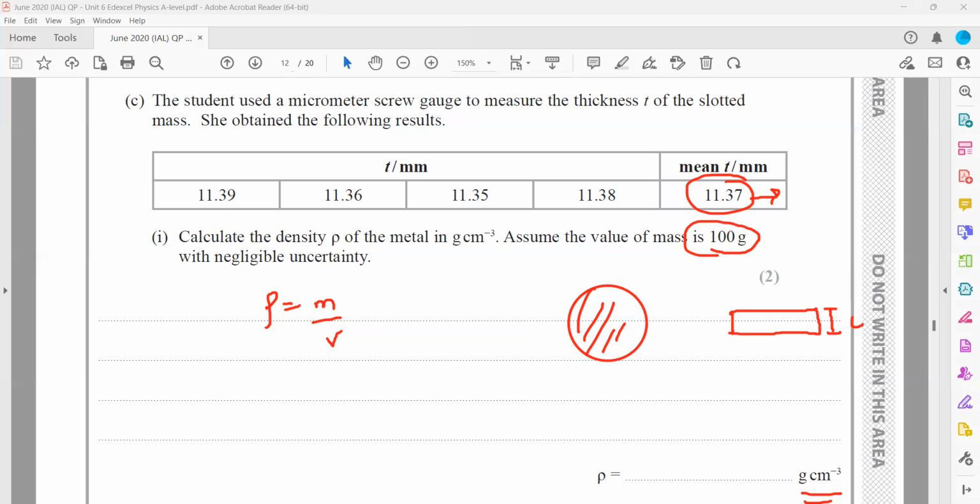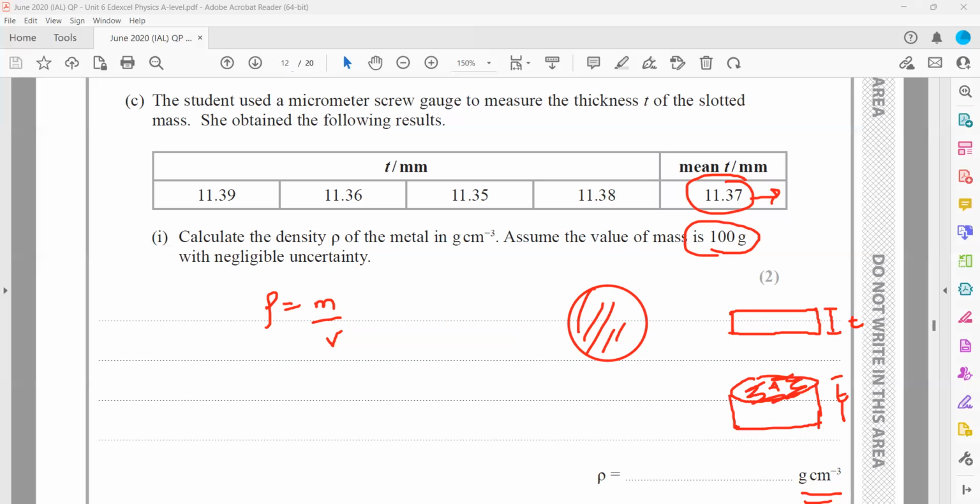So mass is equal to 100. Now how to work out the volume? Volume is area multiplied by thickness. If I have the thickness and I have the area, and I multiply area with the thickness, I will get the volume.